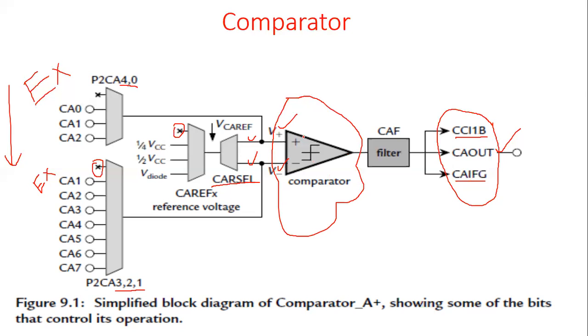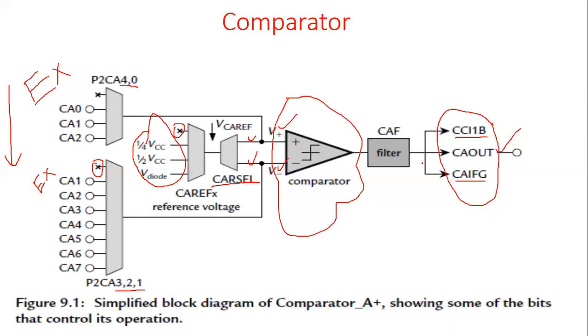We are comparing two analog signals or digital signals. These are the digital signals, and these are the external signals or analog signals. These two signals are compared. The compared signal is passed through a filter for eliminating noise.